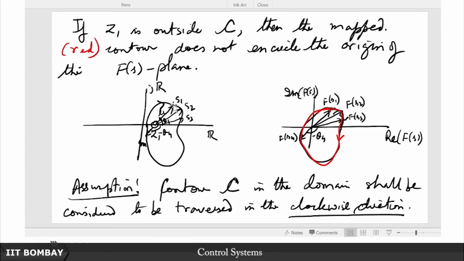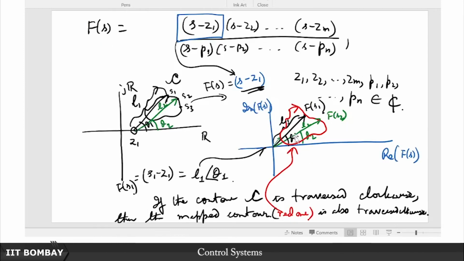You start from S1 and you come back to S1. Look at these phasors L1, L2, L3, and as they change, L4 and so on, they keep rotating, one full rotation of 360 degrees. That is the significant difference. On the other hand, in the previous case where Z1 was outside the contour, the entire rotation of the contour happened outside.